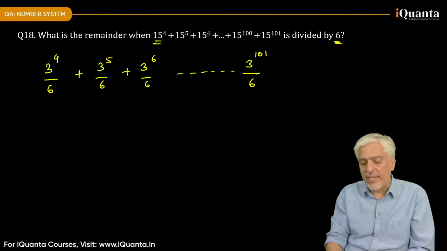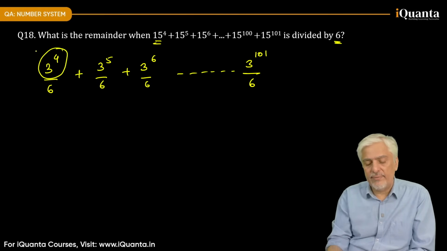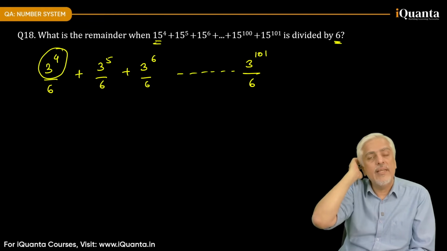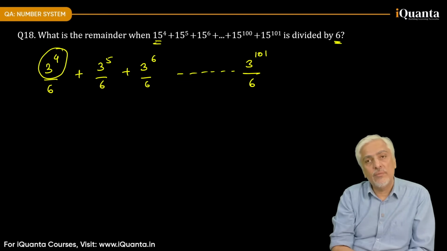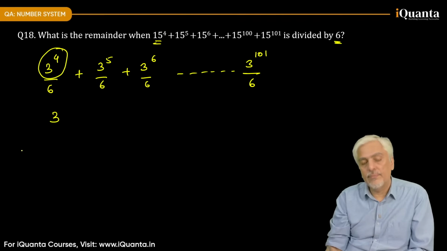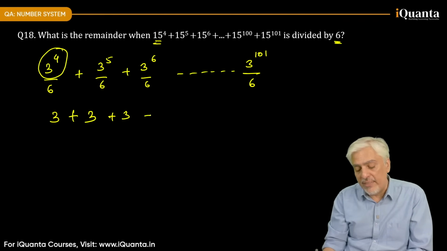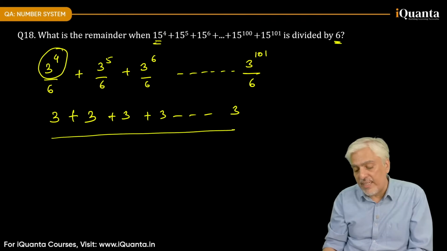If you use a little brain, the pattern is clearly visible here. You can do it manually also. 81 divided by 6. In fact, any power of 3 you take, 81 divided by 6, what is the remainder? 3. Again 3 into 3 is 9, 9 divided by 6, remainder is 3. Again 3. Every time the remainder will keep coming 3 only. You can check. So how many times is this 3 coming?